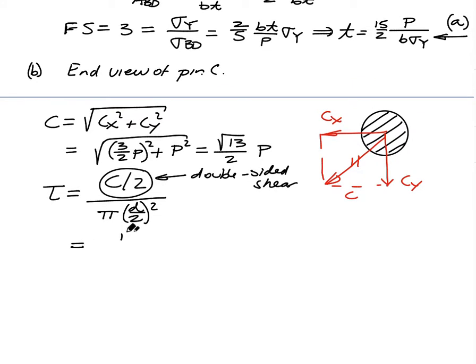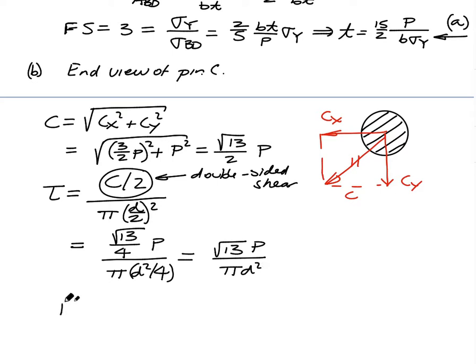So that gives me square root of 13 divided by 4 P divided by pi d squared over 4. So that result is square root of 13 P divided by pi d squared.